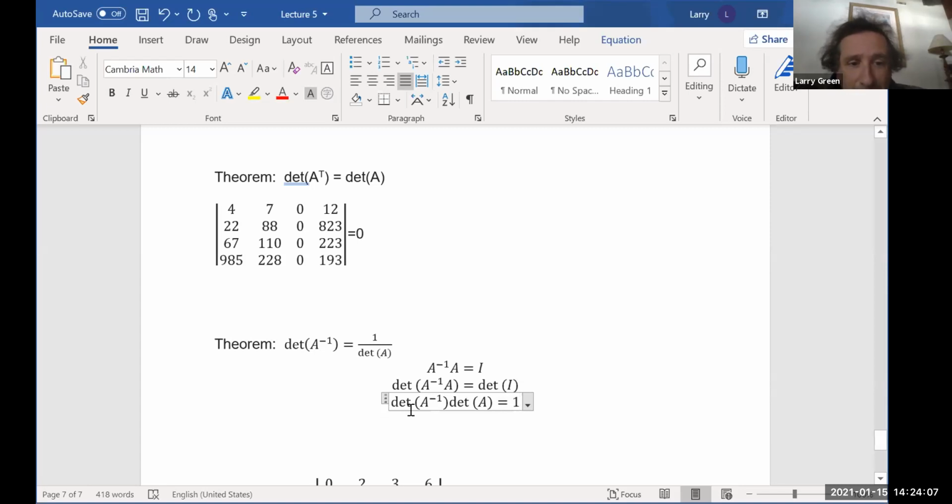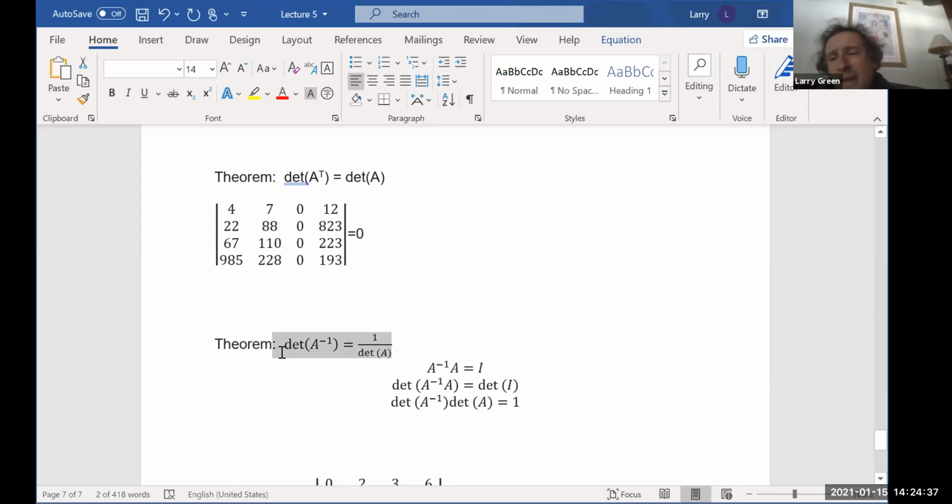And now, notice the determinant is a number. So I have this number, determinant of A inverse, times this other number, determinant of A, equals this number 1. And I want to get the determinant of A inverse by itself. When you have numbers, I can use basic algebra. I could just divide by the determinant of A, and I'm done. And you get the answer.